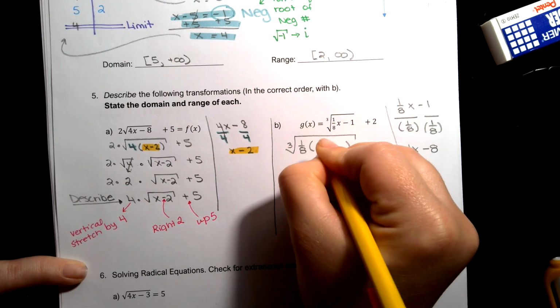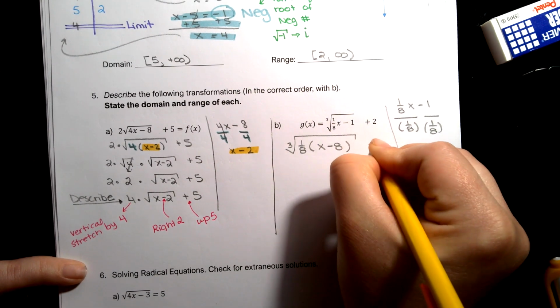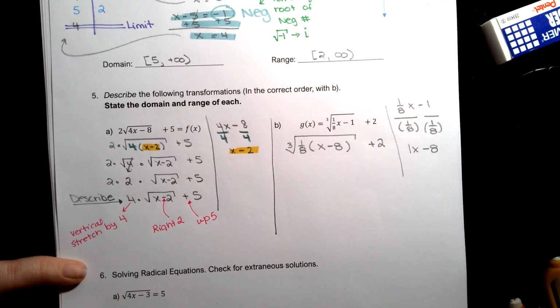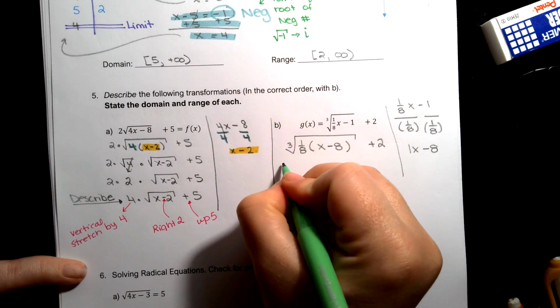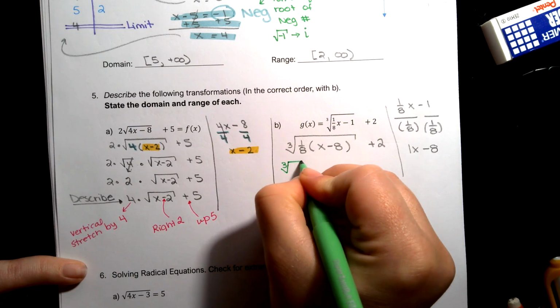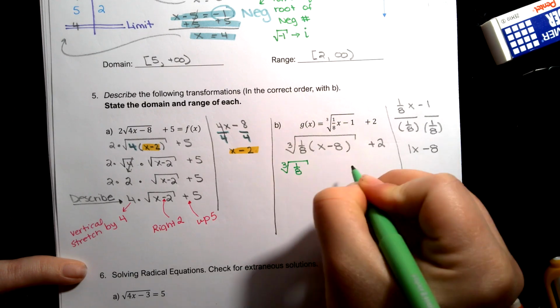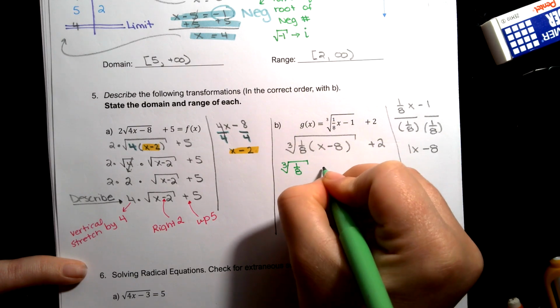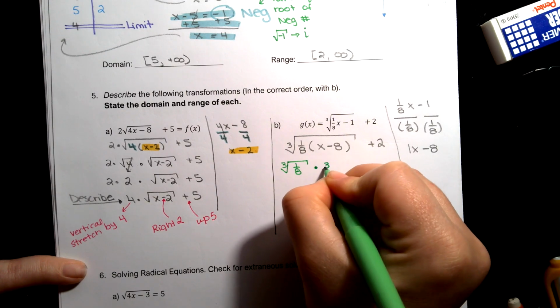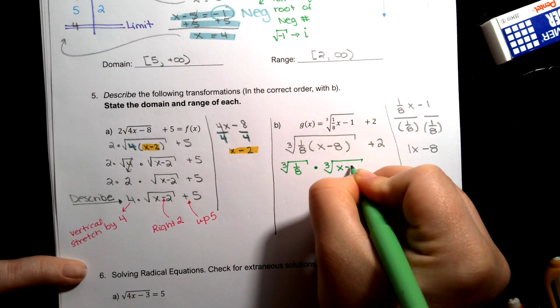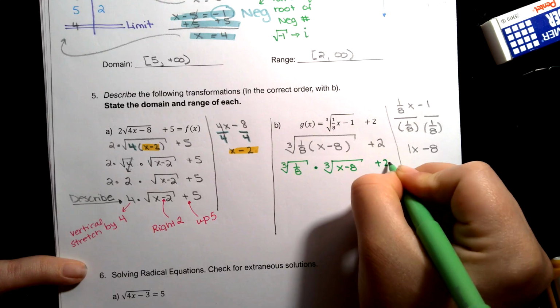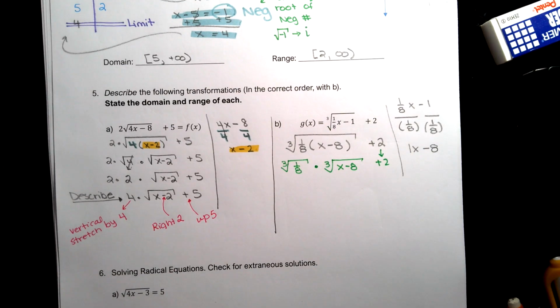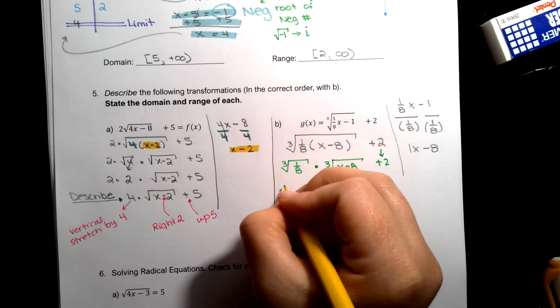So I'm just going to write x minus 8 here. We do have this plus 2 still on the outside. After you factor out your b value, yes, you want to continue to simplify. So we're going to pull out that 1/8. Then here, with multiplication, have your x minus 8, and then we have our plus 2 left over. This goes back to one of the first simplifying questions we had in this packet.